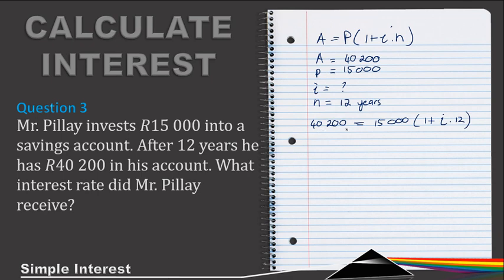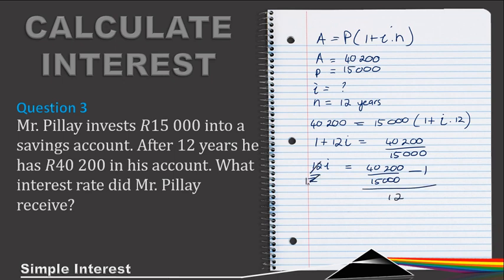Divide both sides by 15,000, so 1 plus 12i is equal to 40,200 over 15,000. And then take the 1 over, so we have 12i equal to 40,200 over 15,000 minus 1. Divide both sides by 12.